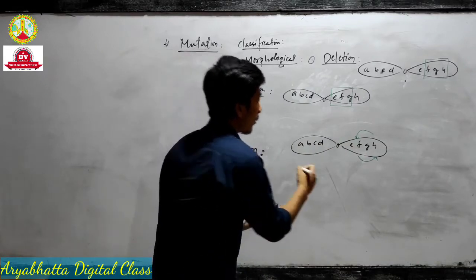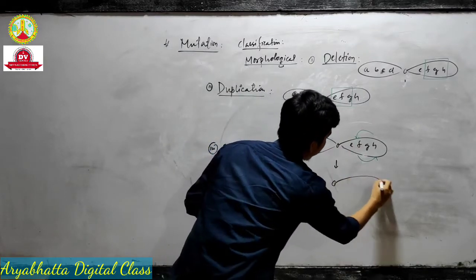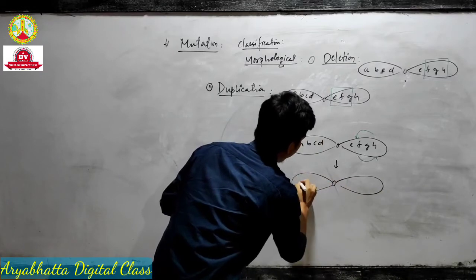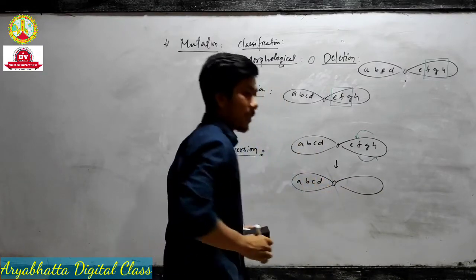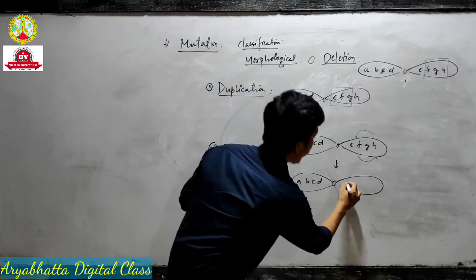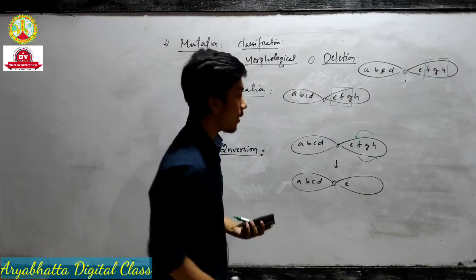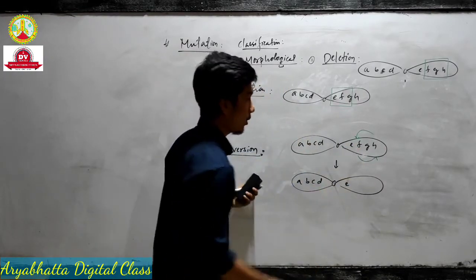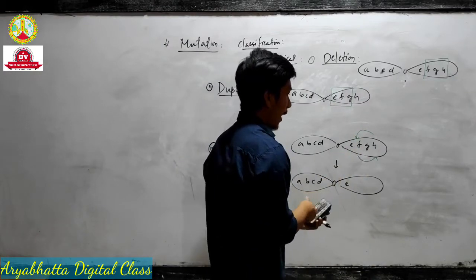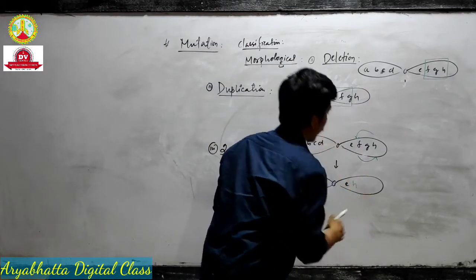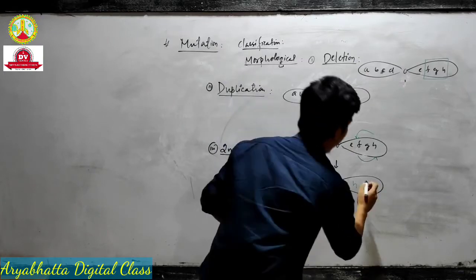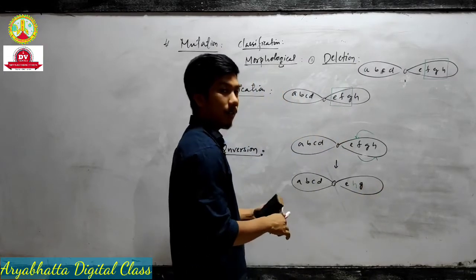So what will happen now? A, B, C, D will be there, and E is okay, but F and H got flipped. So H will come in place of F. G is there.